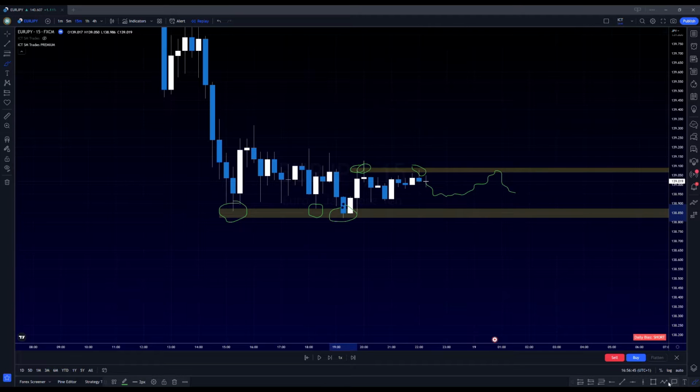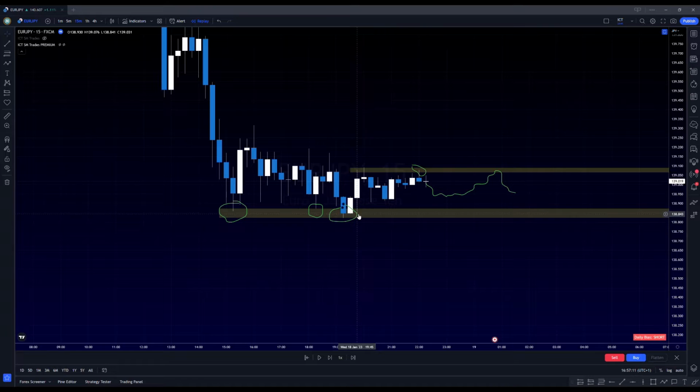So we have three touches: 1, 2, 3. When the price goes down again, we are assuming that it will bounce up again, because it bounced 3 times in the history, so why wouldn't it bounce again? Okay, so we are assuming this by the history of the price.